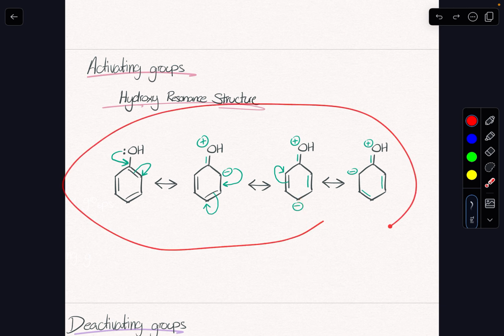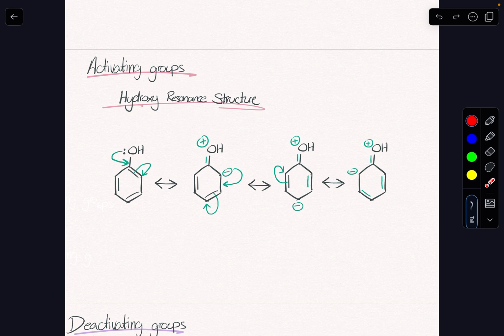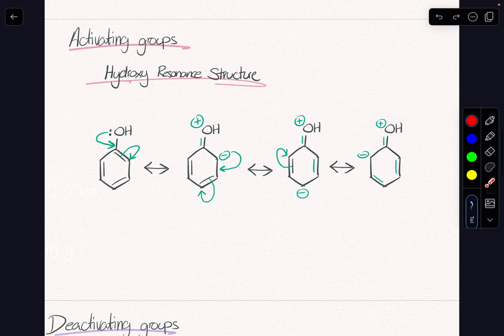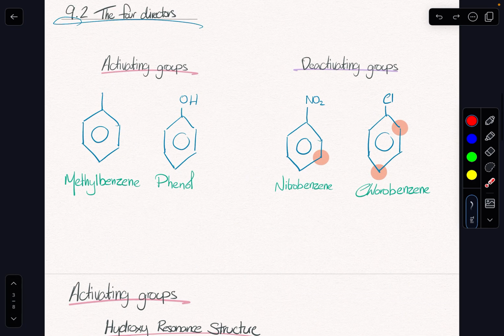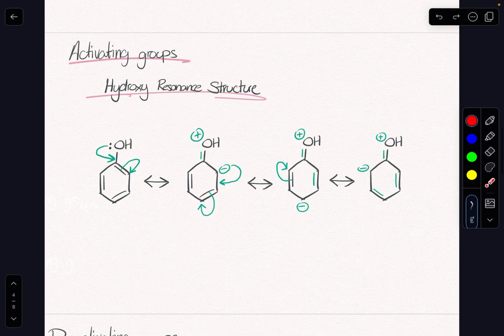Remember that this is happening thousands of times in a fraction of a second. And whichever point that electrophile comes into contact, bam, forms a reaction, then we get an ortho and para director. So I need this in here to show the hydroxy resonance structure. And you can have that below the activating groups if you want.